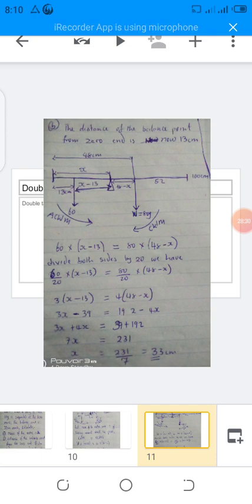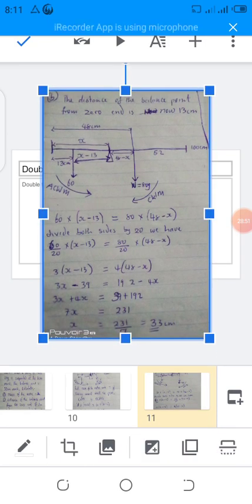Now taking moments, the distance of that 80-gram weight to the support is 48 minus X, because we don't know the new balance point. The distance of the 60-gram weight to the support is X minus 13.